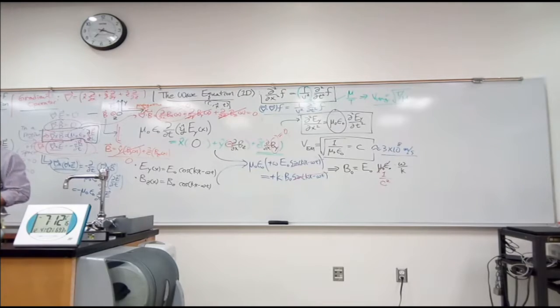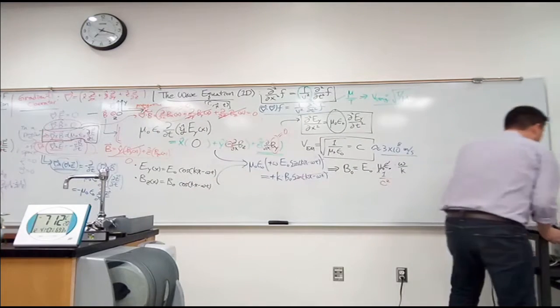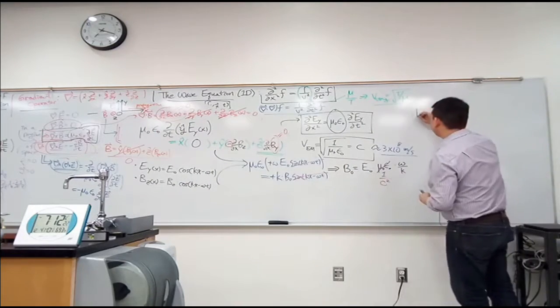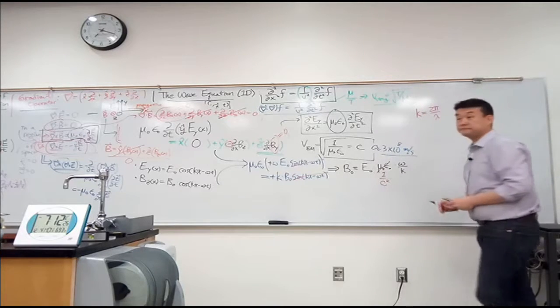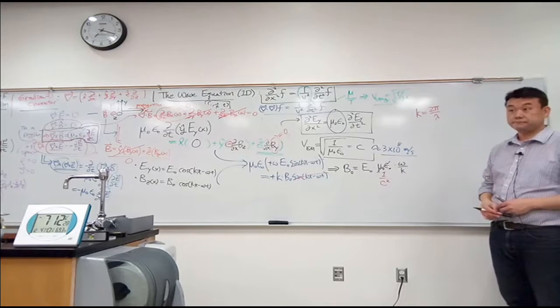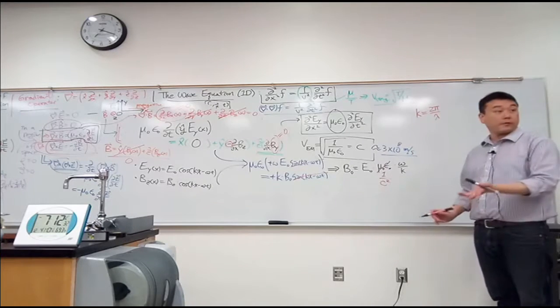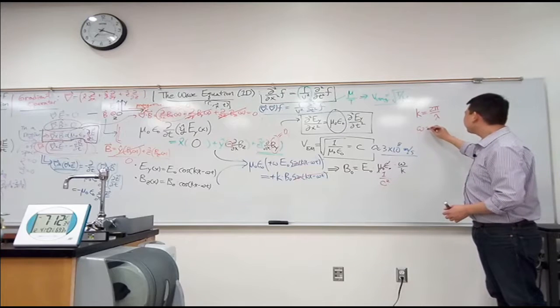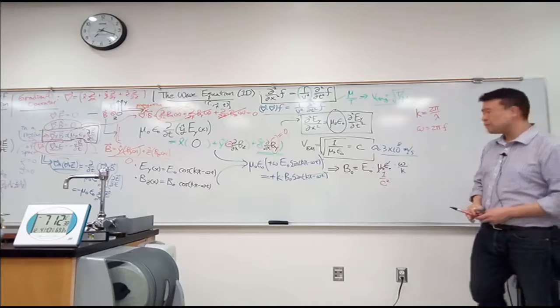So k is related to wavelength: the wave number k is 2 pi over lambda. And if you want me to write it down, omega is related to frequency by 2 pi times frequency. So what's omega over k?